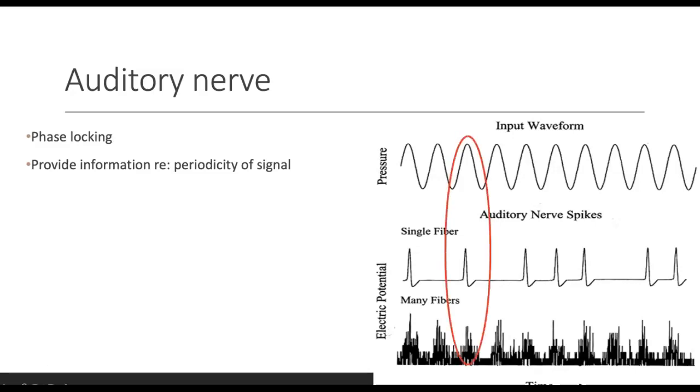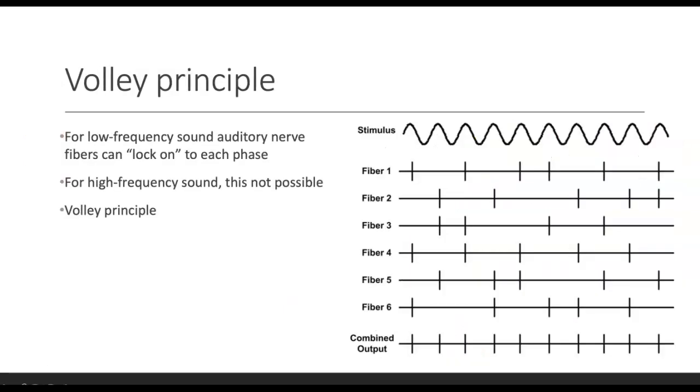Okay, and so if you look, you can see here's the input waveform, here's a single nerve fiber, but then if you look at the bunches of auditory nerves, you can see that for each stimulus or each phase here, you get a firing, okay? But individual nerves can't fire that fast, but all of them together can follow this signal, okay? There you can see them.